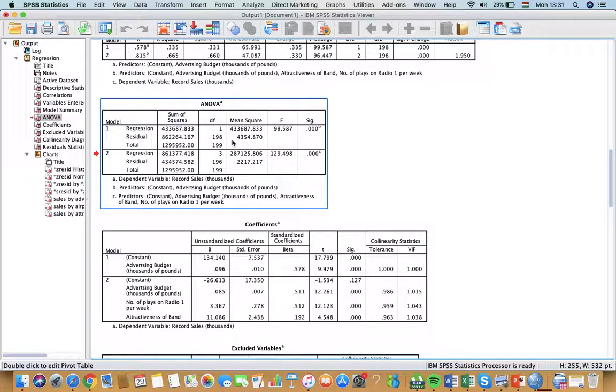This should be familiar for you from the simple regression analysis. We already discussed this first part when we only used the advertising budget. Now we are going to discuss the second part.